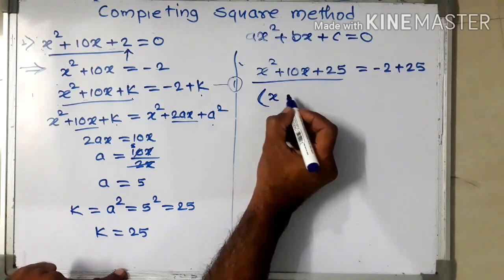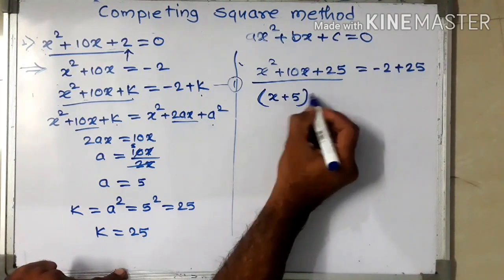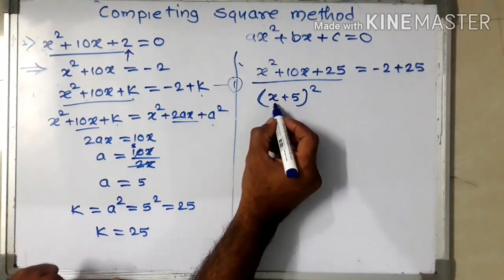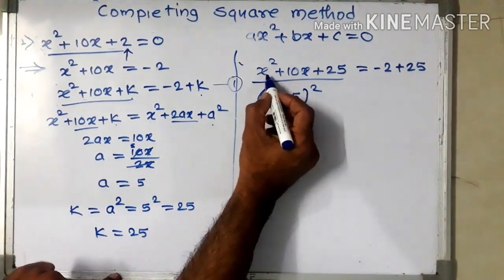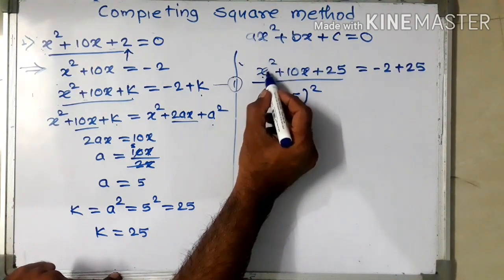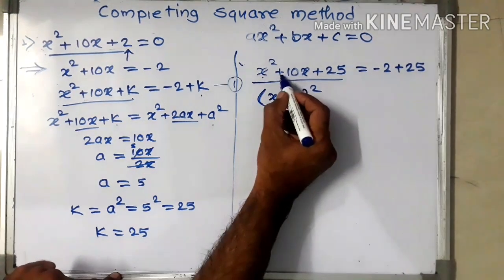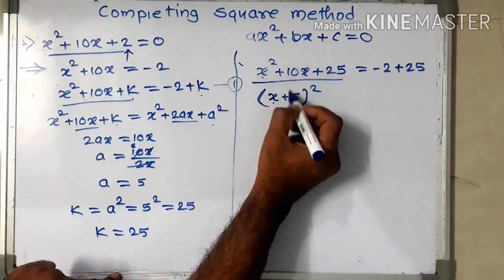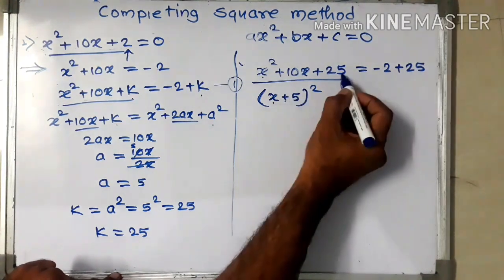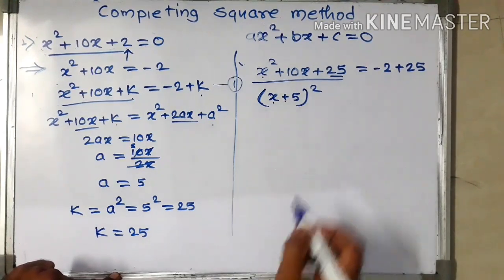That polynomial is (x plus 5) whole square. How can we find it? Let us see a trick. For the square polynomial, x square, we take the root as x, with the sign of the middle term, plus, and the root of the third term is 5, whole square.